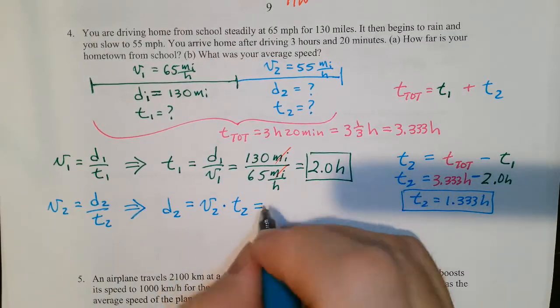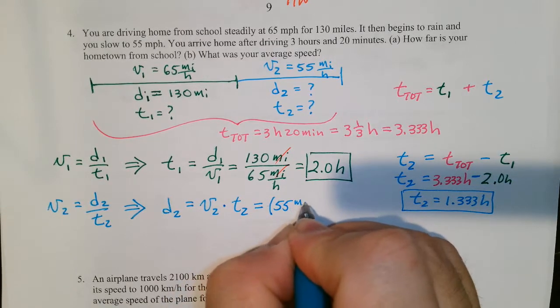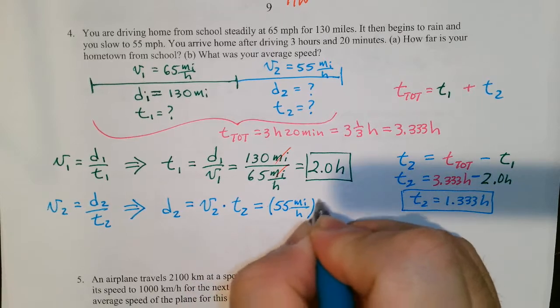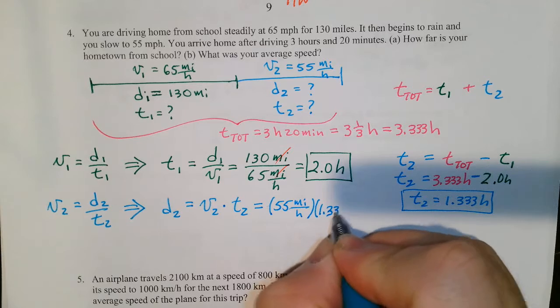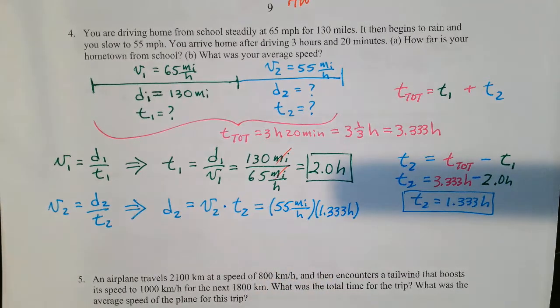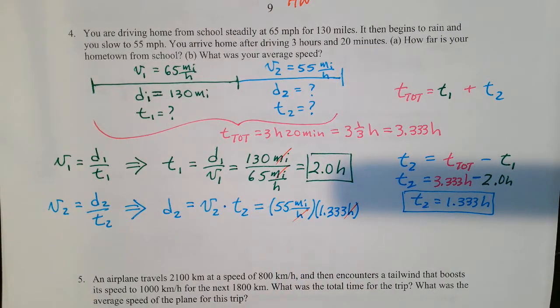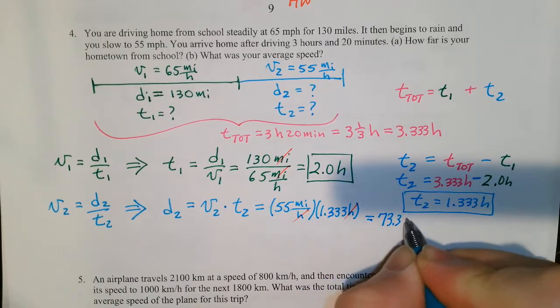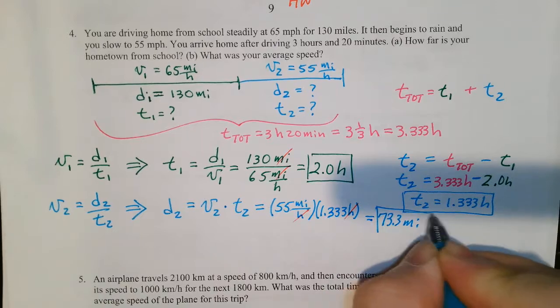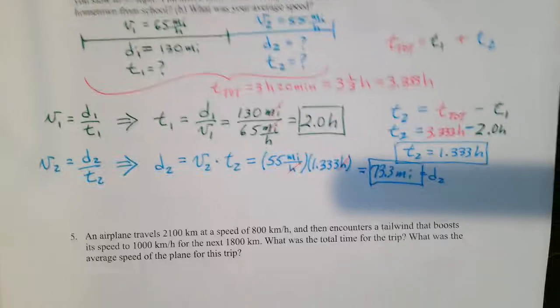Therefore, 55 miles per hour times T2, which is 1.333 hours, right? Notice how the hours will cancel out. And it will give you 73.3 miles. So that's my D2, right?